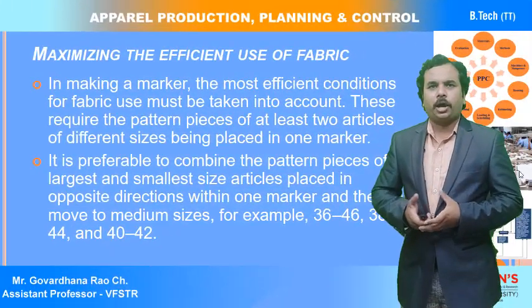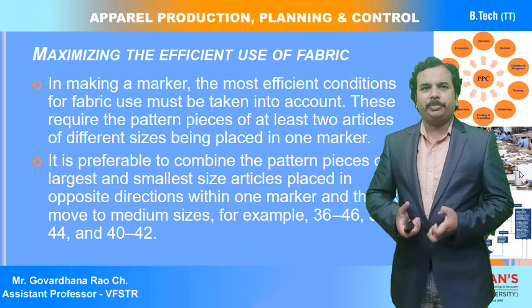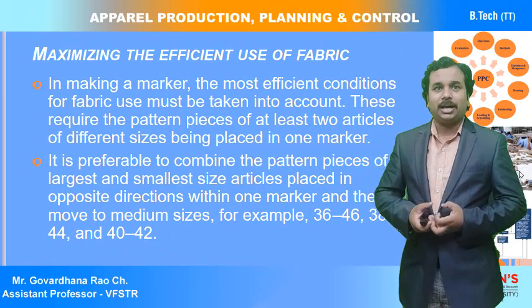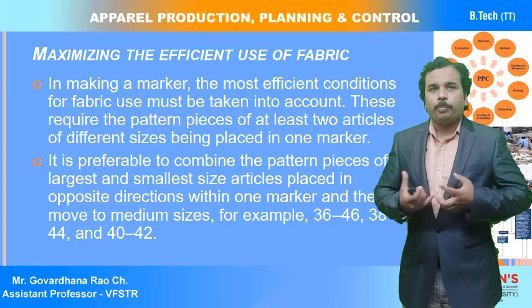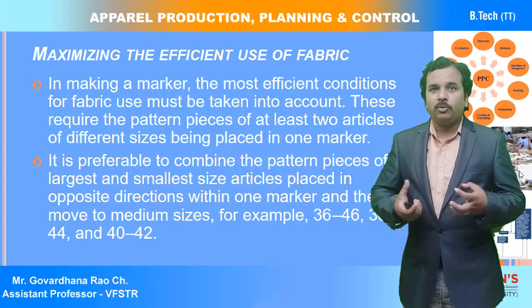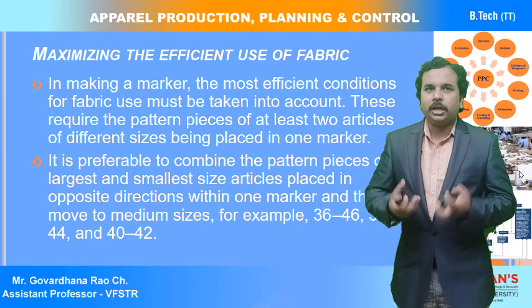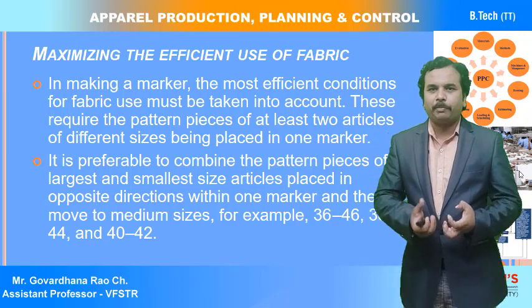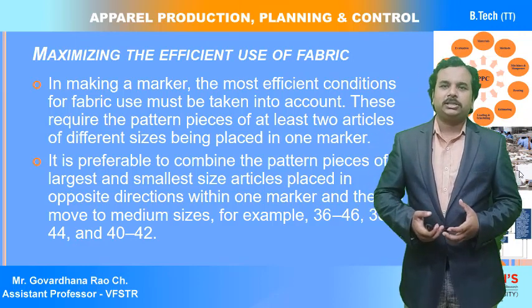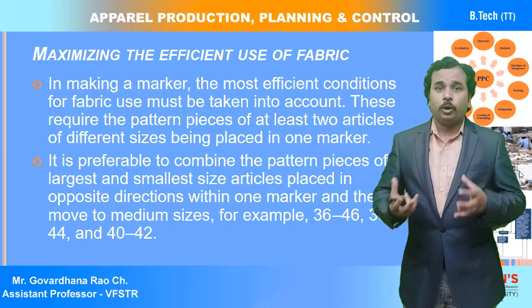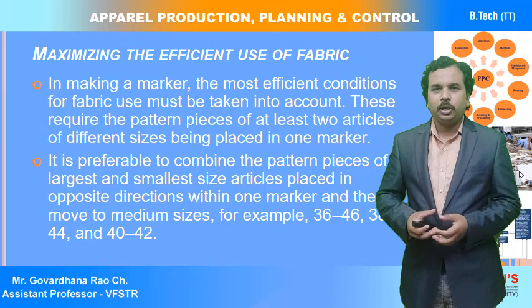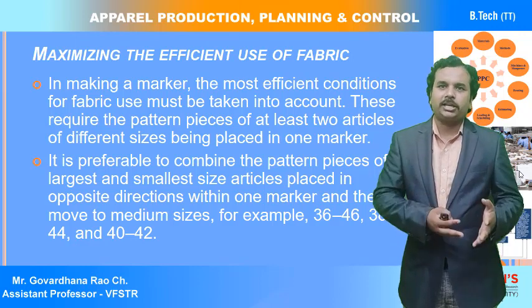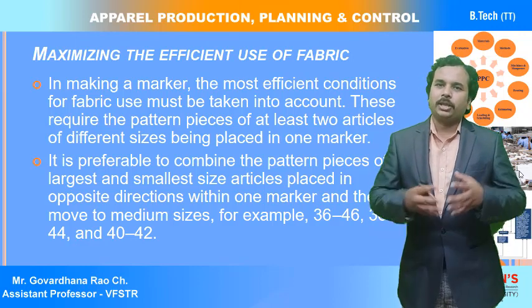It is preferable to combine the pattern pieces of the largest and smallest size articles, placed in opposite directions within one marker. Then the medium sizes, for example 36 size and 42 size, go together in one marker, 38 size and 44 size together in one marker, 40 size and 42 size together in one marker.